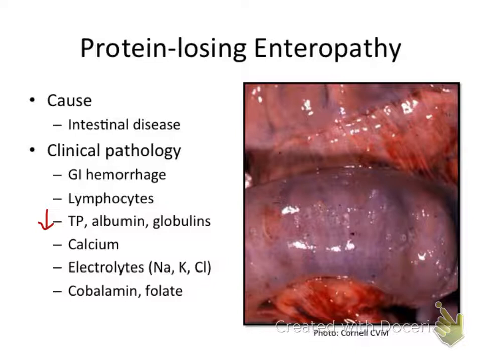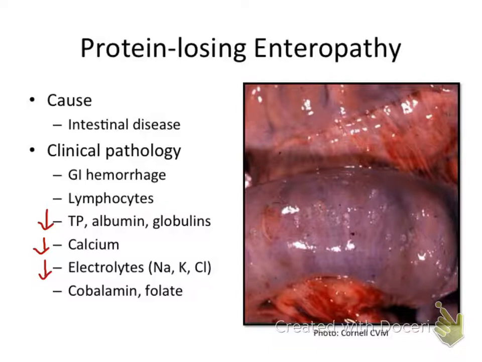Concurrent clinicopathologic findings are variable, but may include those of gastrointestinal hemorrhage, such as regenerative anemia and an increased BUN relative to creatinine. Also, there may be hypocalcemia due to decreased intestinal absorption of calcium. There may be electrolyte loss and therefore hyponatremia, hypokalemia, and hypochloridemia.